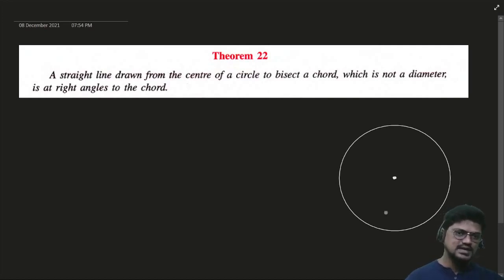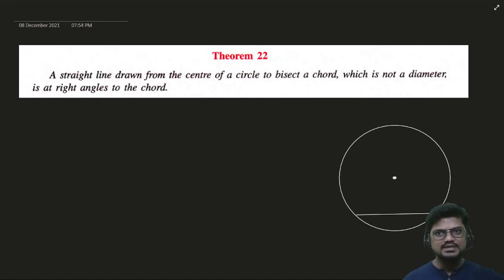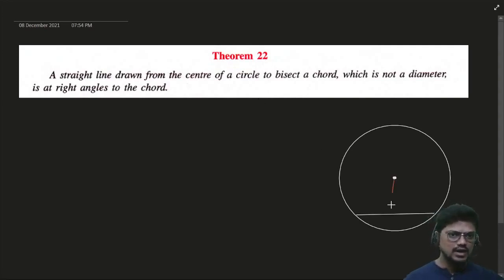If you have drawn a chord, and a line is drawn on it to bisect the chord, I have drawn a line over here so that it should bisect the chord, meaning this line should divide this chord into two equal parts, which is not a diameter, is at a right angle to the chord.